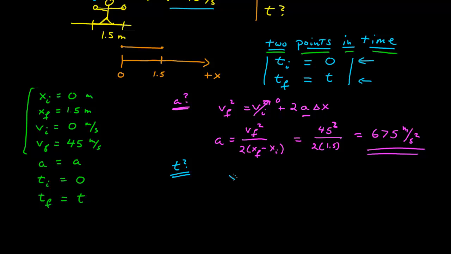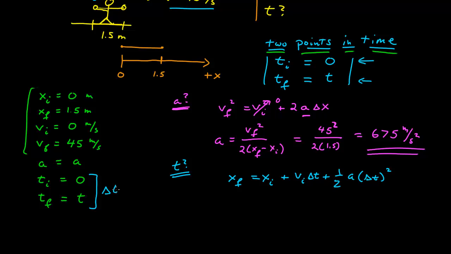Well, there's the position relationship. The final position is equal to the initial position plus the initial velocity times time, plus 1/2 times the acceleration times the time squared. It's not the time, of course. I just want to be a little careful here. It's the time difference, delta t, and the time difference squared.